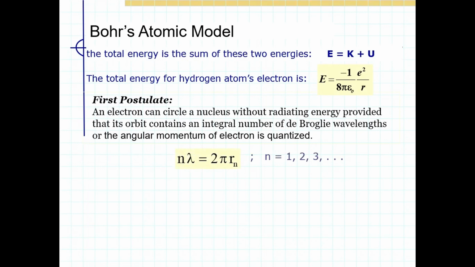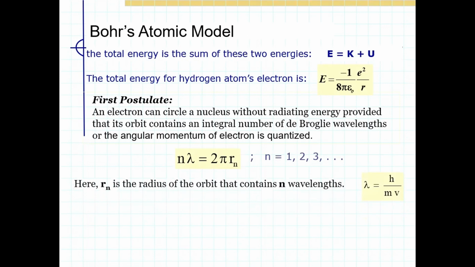So n times lambda, the number of de Broglie wavelengths, must be equal to 2 pi r, which is the circumference of the circle, where r is a particular r, r sub n, and n is for the first orbit, the second orbit, or third orbit. It will change if n is changed.